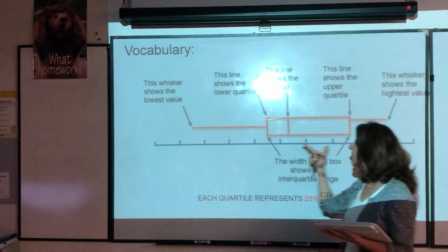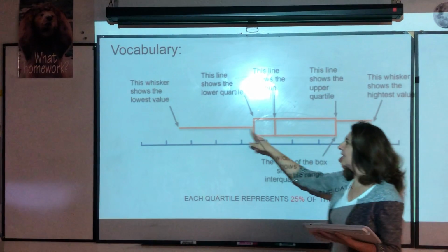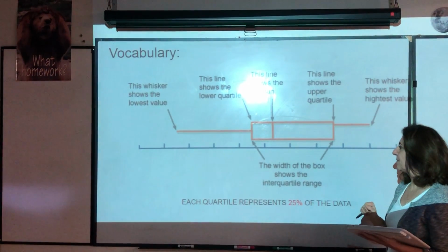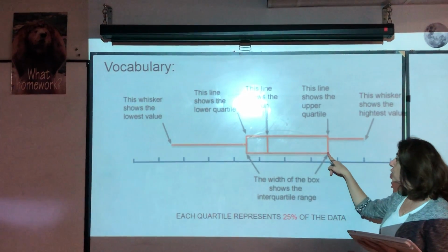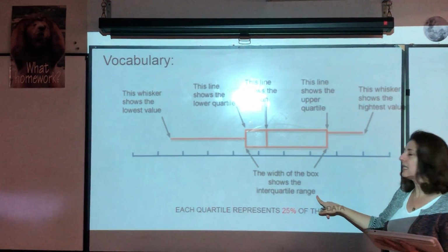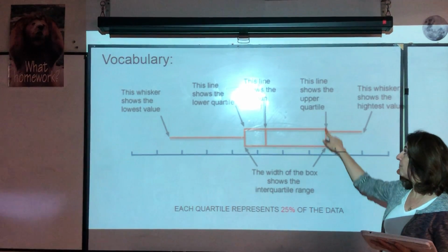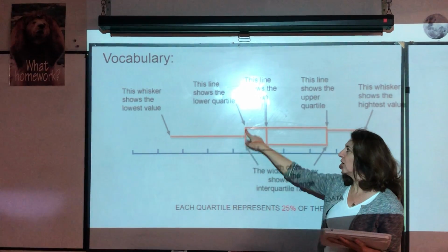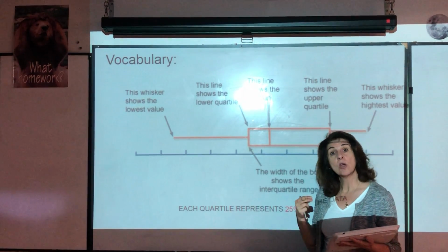And these here are whiskers. So the box and the whiskers. The width of the box from here to here shows the interquartile range. So it is the difference between the upper quartile and the lower quartile. This much here is the interquartile range.